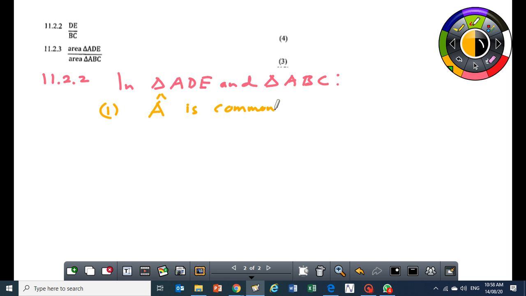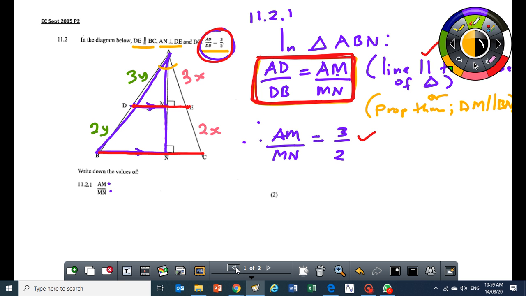I started with A here, so I also have A there. Then, number two, if you go back here, you find that since DE is parallel to BC, it means this angle, that is ADE, is equal to angle ABC because they are corresponding angles. So I'm going to write that.